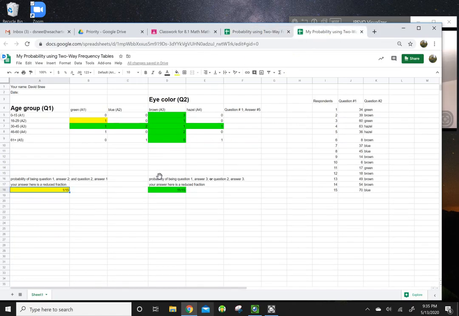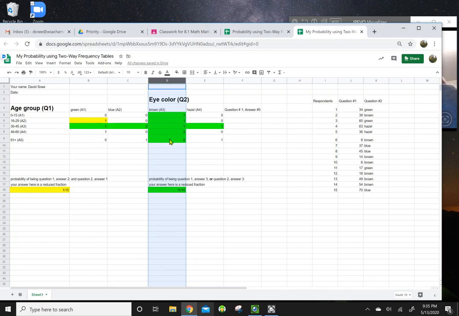The second question you're being asked is to find the probability of being question 1, answer 3, that's that row right there, or question 2, answer 3, which is that column right there.